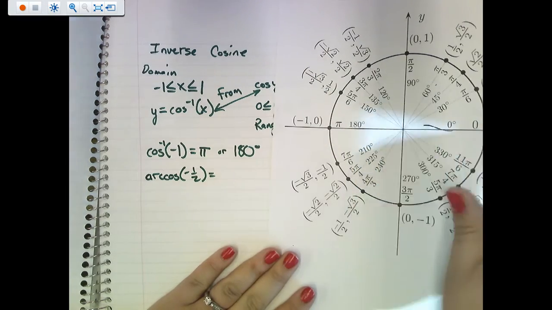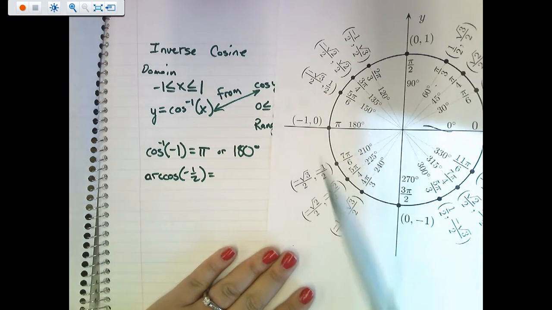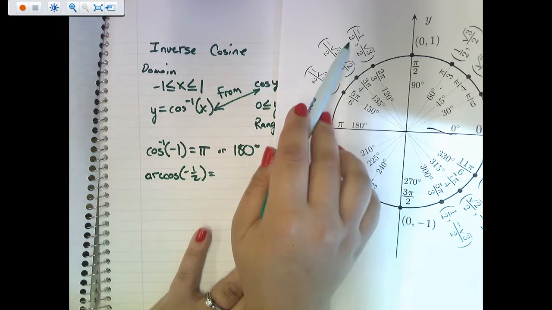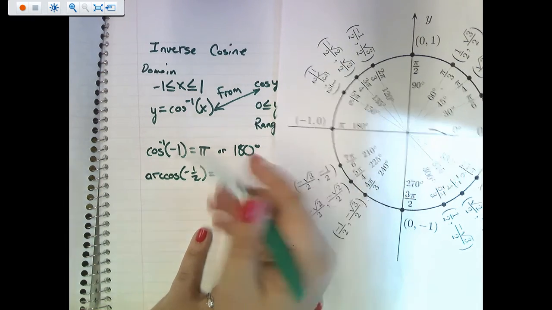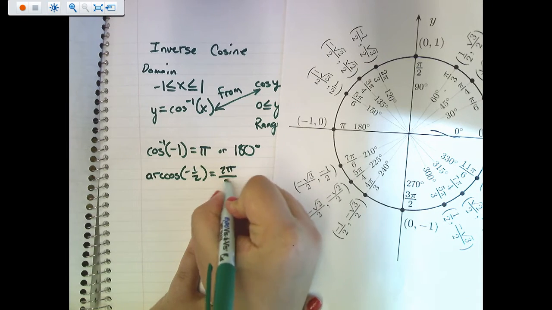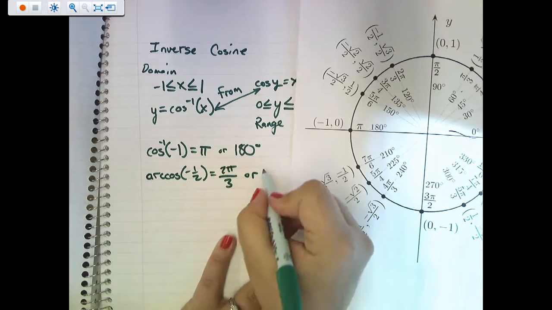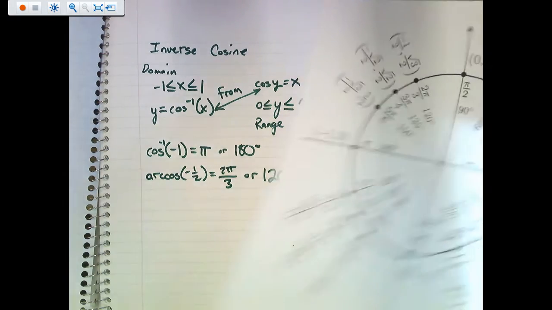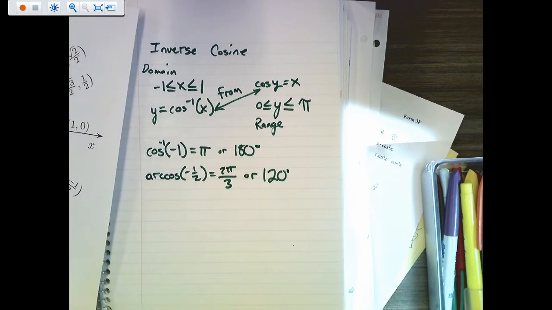So for sine, you're only really looking at the right side of the circle. For cosine, you're only really looking at the top half of the circle. So -1/2 would be 2pi/3, or 120 degrees. Okay, so that's kind of what you're doing there.